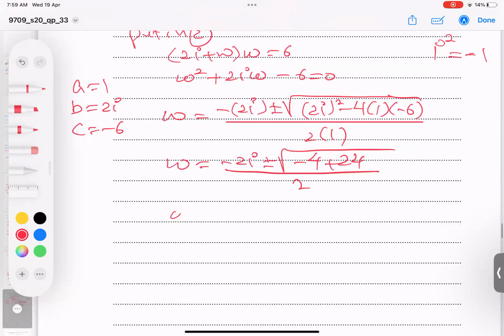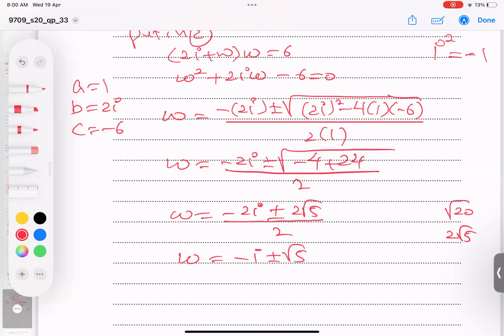So if I simplify, students, negative 2 iota, so it is giving us here root 20. And root 20, if I type in the calculator, is 2 root 5. So 2 root 5 comes from here. Now 2 and 2 common out, and the 2 cancels. So I get negative iota plus or minus root 5.